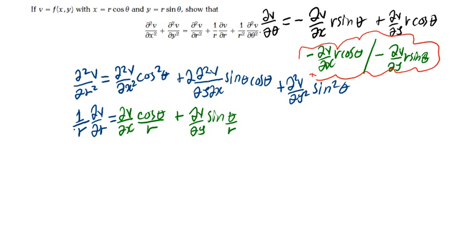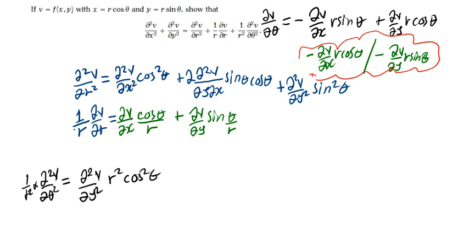We can write our second partial of v with respect to theta times 1 over r squared equals, if you multiply the first term, which was a partial of v with respect to y and r squared cos squared theta by 1 over r squared, the r squared goes, so it's just going to be cos squared theta.